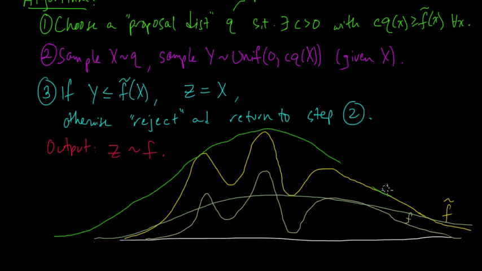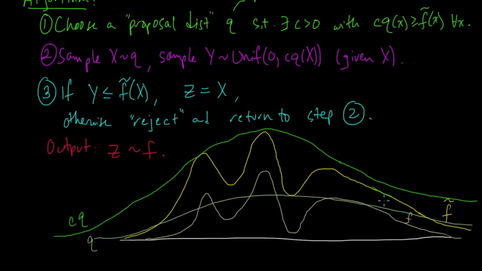It needs to be greater than F tilde everywhere. So maybe it's something like this. Okay, so this is Q scaled up. This is CQ. And that was Q. It touches here, and that would be the best C that we can get, the smallest C we can get. It touches here and doesn't touch anywhere else.